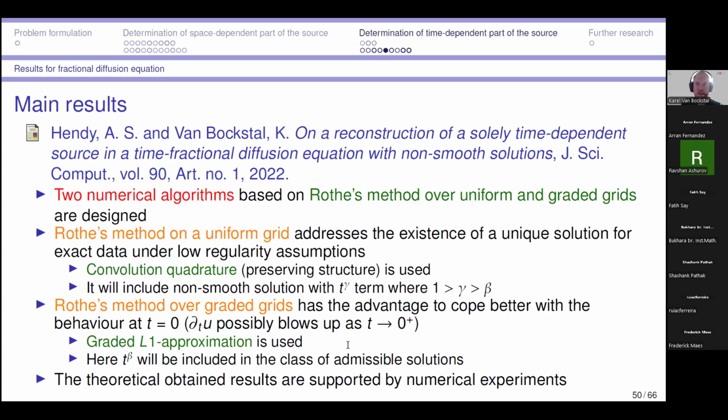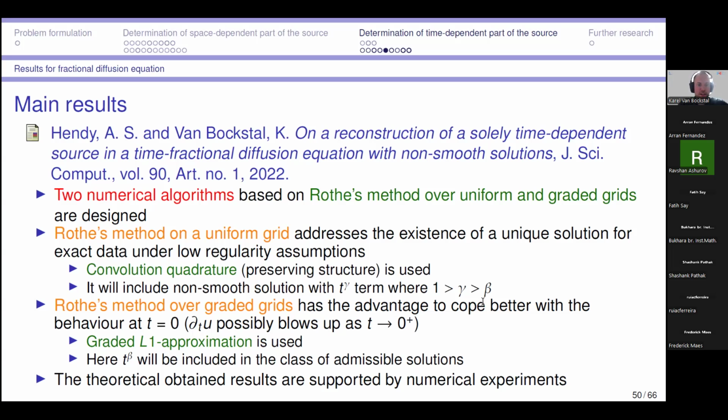In our work published in the Journal of Scientific Computing, we considered two numerical algorithms based on Rothe's method: one on a uniform mesh, one on a graded mesh. For Rothe's method on a uniform grid, we used convolution quadrature, and we could extend the class of solutions, also including non-smooth solutions, but with exponent gamma strictly larger than beta, the order of the fractional derivative.